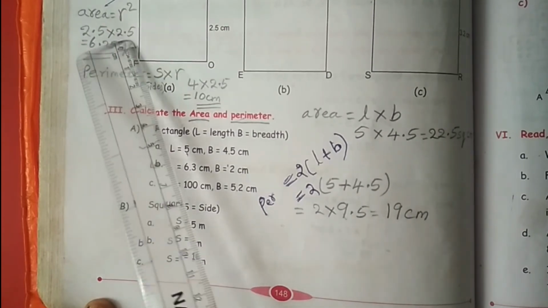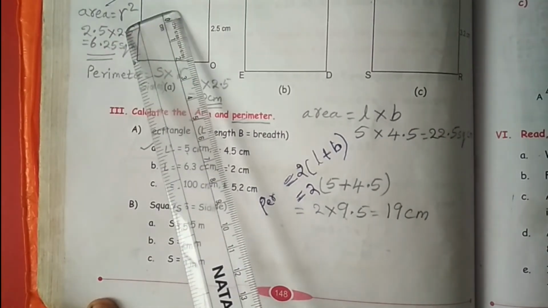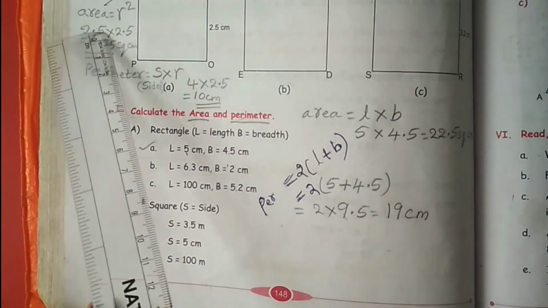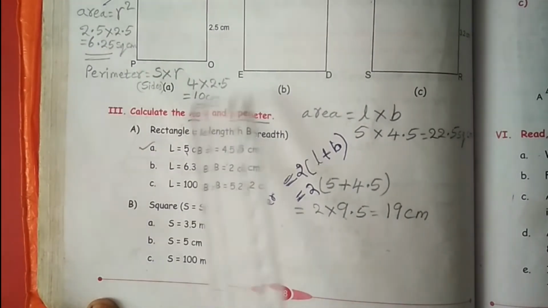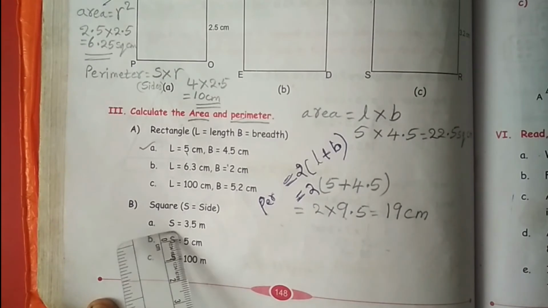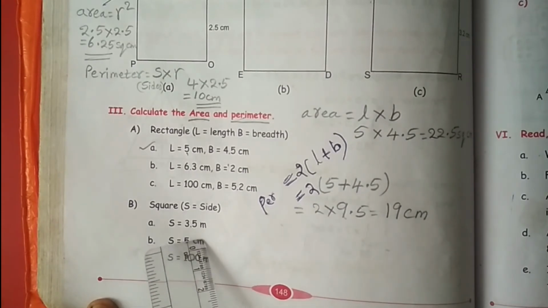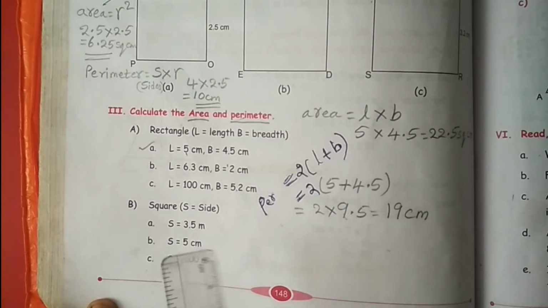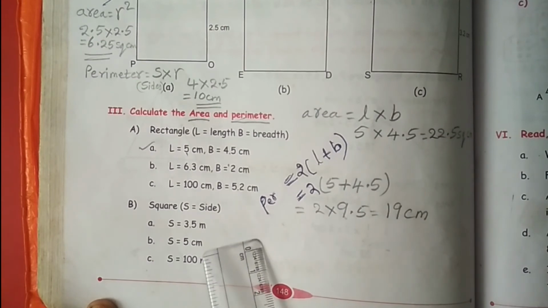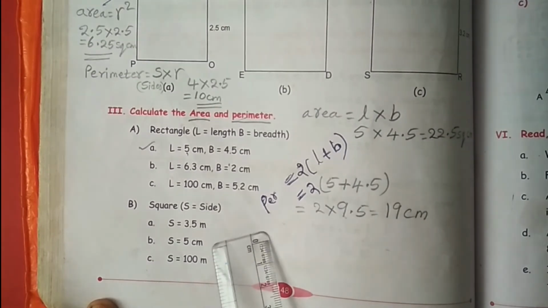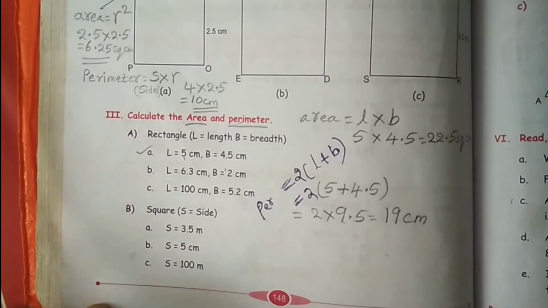Or see here, I told you area is equal to S square. Or else, see here, the question we have given here is S equal to 3.5 meters. So 3.5 into 3.5. How much is the answer? 12.25 square meters.